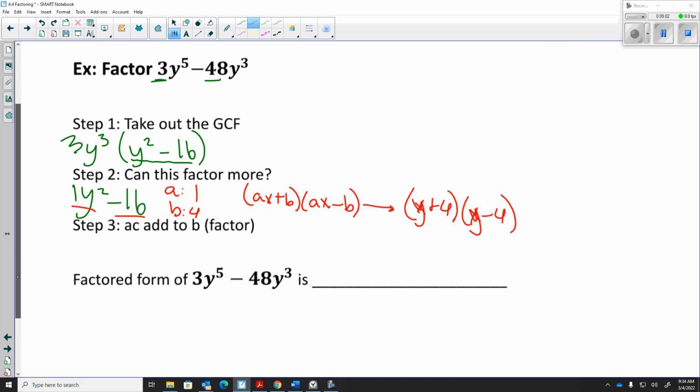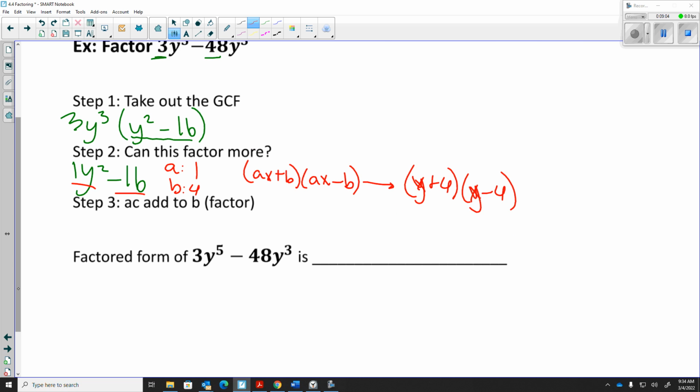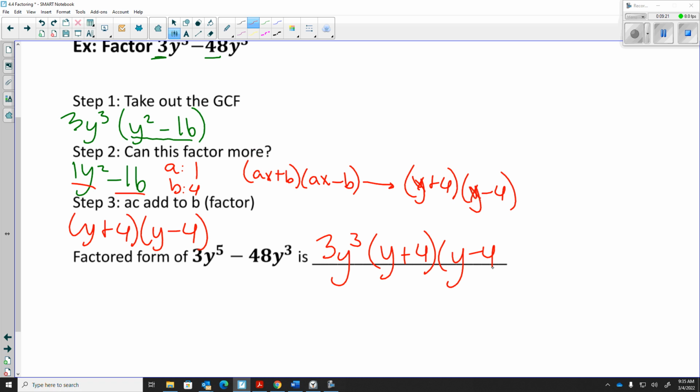All right, so we factored it down here, y plus 4, y minus 4. So what's the factored form? Say it. 3y cubed, y plus 4, and y minus 4. Your final factored form must include every factor that you've come up with.